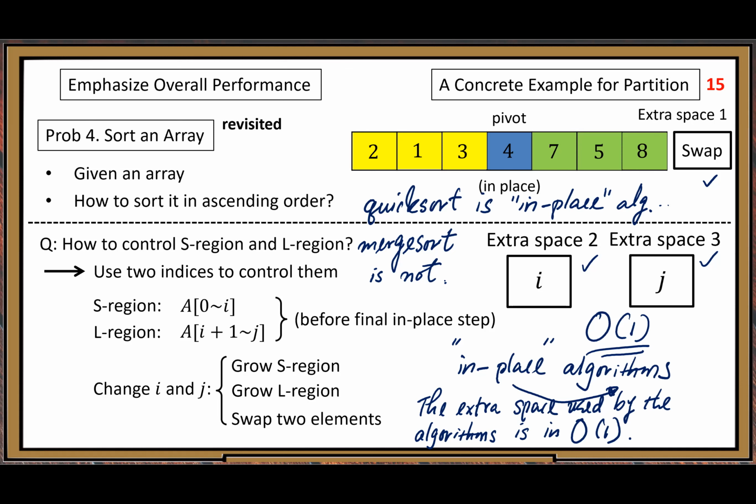The question is, can we eliminate the auxiliary array? We cannot. It is extremely hard. So we don't know how to eliminate the auxiliary array in the merge sort. So you can see the merge sort does not have this in-place property. That's an important property. We can treat that as a big drawback of the merge sort.